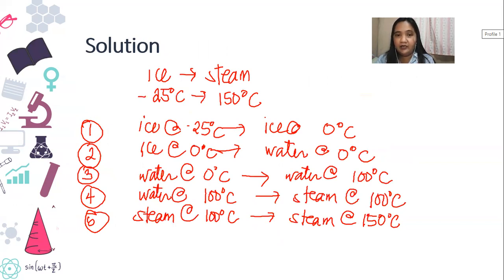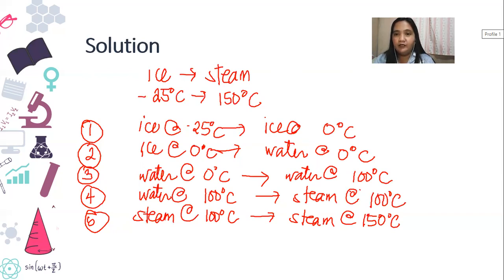Here, it has to go up a certain temperature because you have to make it melt so that it becomes water and later on it becomes steam. And then water at 0 becomes water at 100. Why is this step important? Of course, you have to boil it. And you know that the boiling point is actually 100 degrees Celsius. And then water at 100 to steam at 100. So water to steam. And finally, steam at 100 and steam at 150.